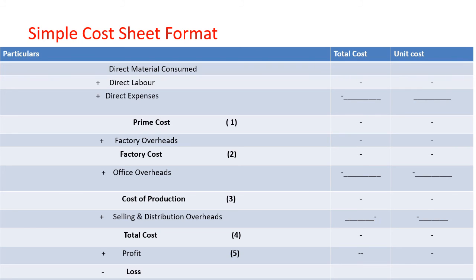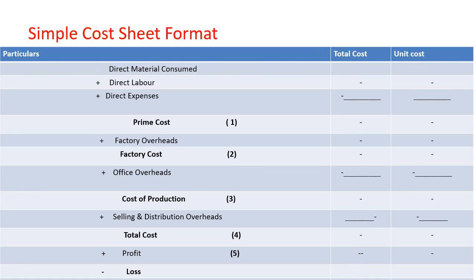This format contains direct material, direct labor. We allocate the direct figure of direct wages. Direct overheads. Overheads are absorbed. Aggregate of direct material, direct labor and direct overhead, we get prime cost. In prime cost, add factory related expenses, we get factory cost or works cost.